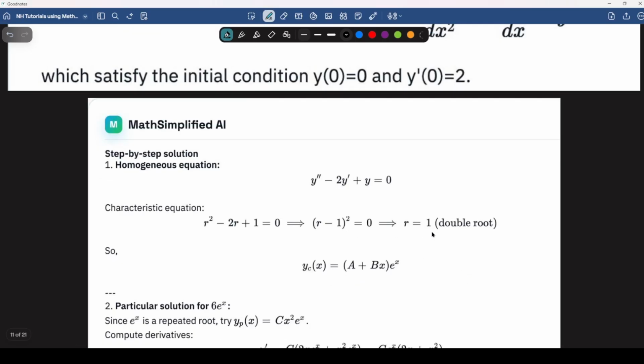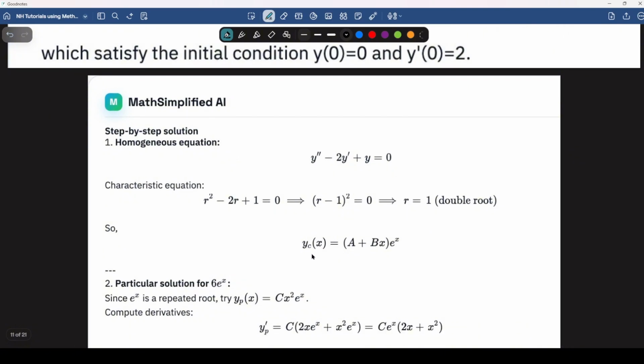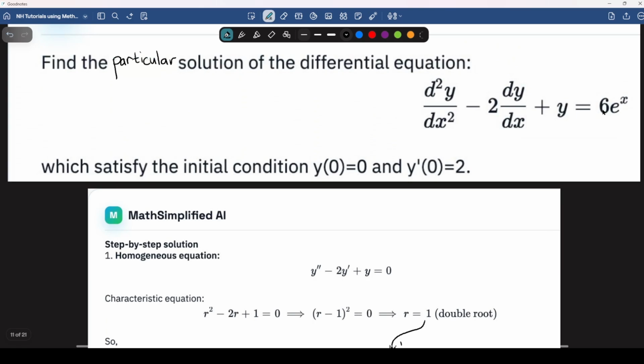So m will be equal to 1, so that's why yc, the complementary solution, is in the form of (a plus bx) times e to the power of 1x. For the yp part, the particular integral part, which is 6 times e to the power of x, there's also an exponent 1 here.